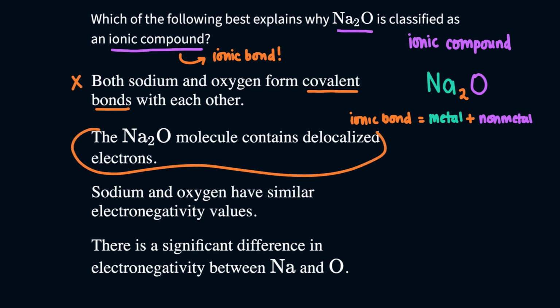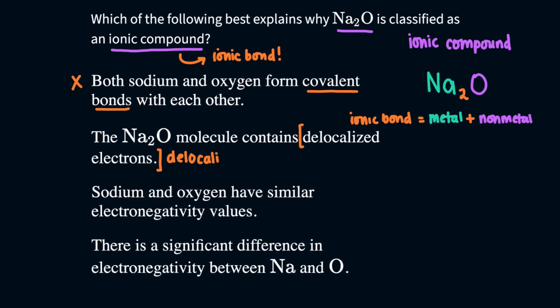Now, the Na2O molecule contains a very specific wording here, delocalized electrons. When you hear the term delocalized electrons, and you're in your electronegativity chapter, this is corresponding with metallic bonding. Metallic bonding is not the same as ionic bonding.